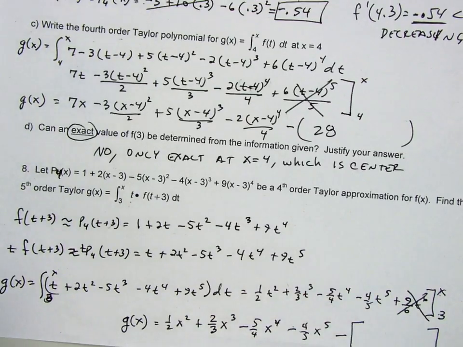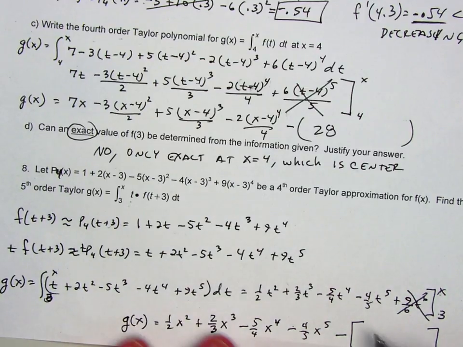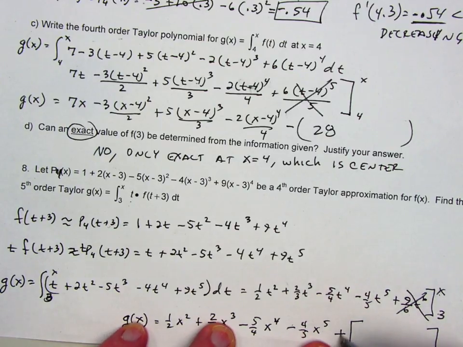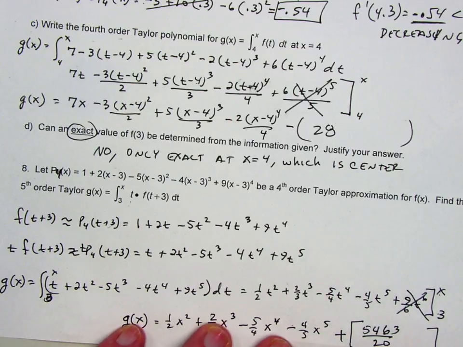And if I work that out, I believe it's negative 5463 over 20, or plus, because it's a negative number, so subtract a negative, I get 5463 over 20, which is also 273.15, which I said, hey, that's really close to Kelvin, isn't it?